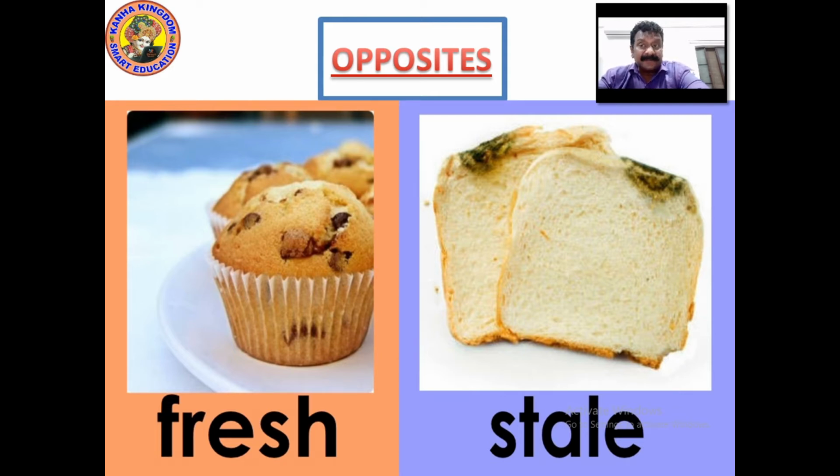All the things which I have brought and kept for days become stale. So now, fresh and stale. Fresh is the newly baked thing. And these slices of bread, brought and kept for days, became stale. So opposite of stale is fresh and opposite of fresh is stale. Please write it down.